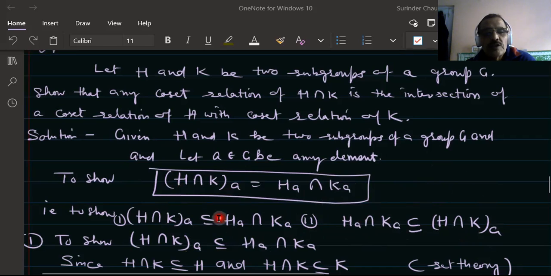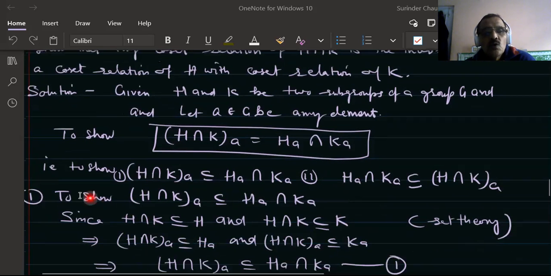First part: to show that the right coset of H intersection K by a is a subset of the right coset of H by a intersection the right coset of K by a. Since we know that H intersection K is a subset of H, from set theory and the Venn diagram, and H intersection K is also a subset of K. When you combine both, we convert it into right cosets.